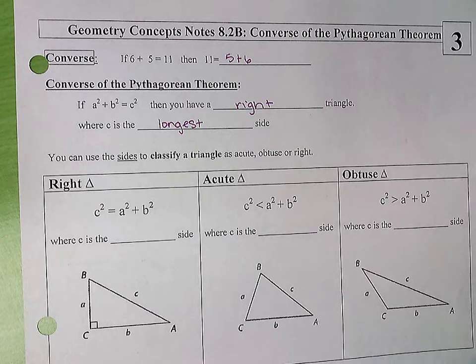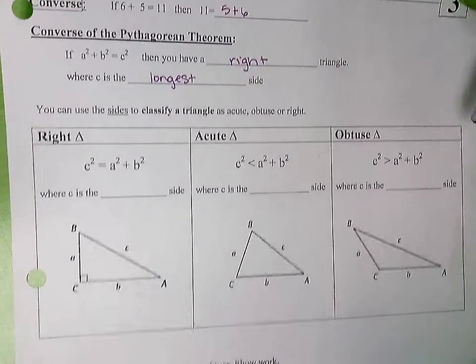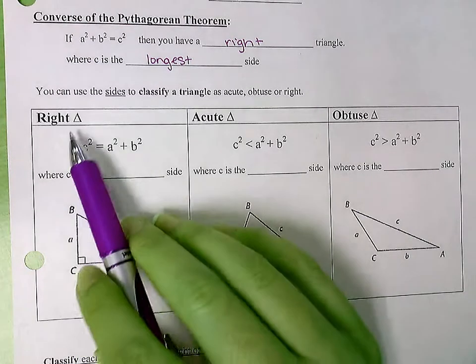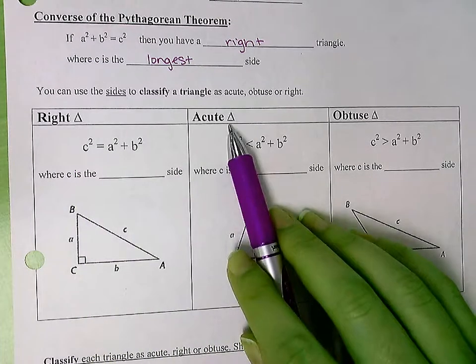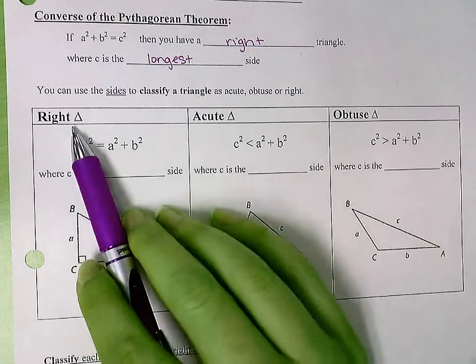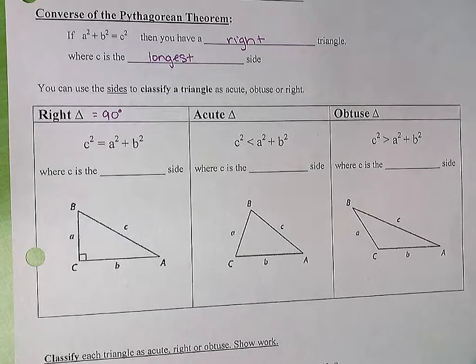So today we're going to use the converse of the Pythagorean theorem to classify triangles. We're going to say it's either a right triangle, an acute triangle, or an obtuse triangle. A right triangle has one 90-degree angle.